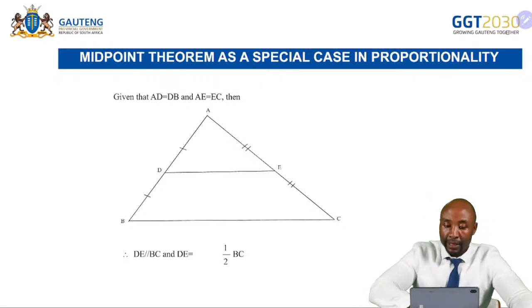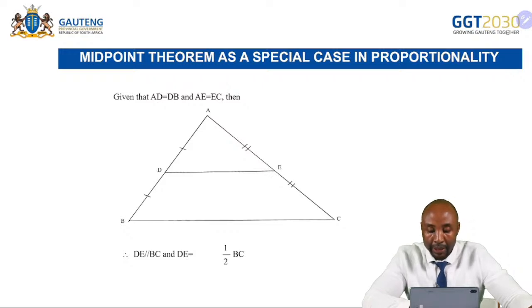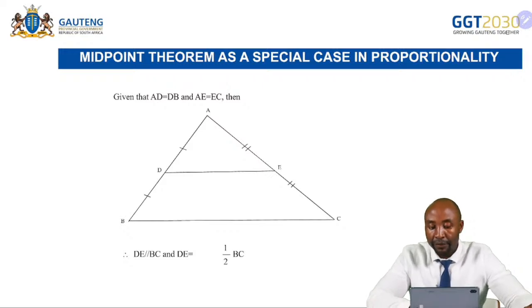And if you look at the triangle that we are given, ABC, and we are given that our D is the midpoint of AB and our E is the midpoint of AC. Please, if that information is not stated, please do not assume things, because I know that is the common mistake we make with Euclidean geometry.